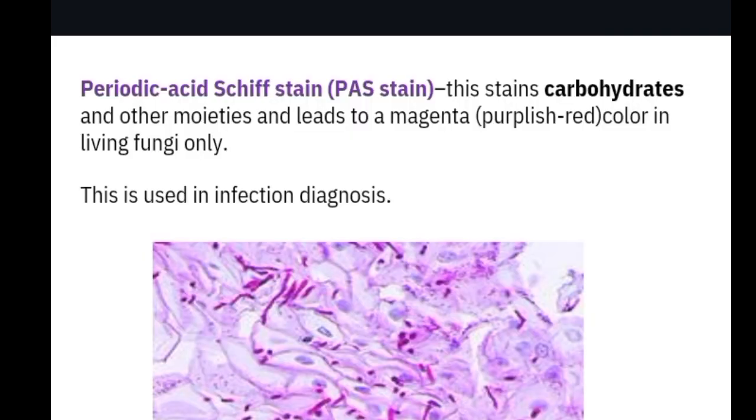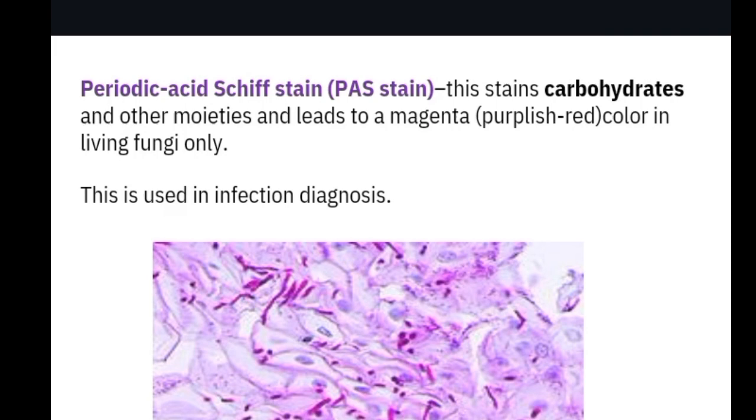Similarly, this is the diagram. Periodic acid-Schiff stain, which is also called PAS stain, stains carbohydrate and other moieties and leads to a magenta, meaning purplish red, color in living fungi only. It is used in infectious disease, usually for diagnosis of infection.